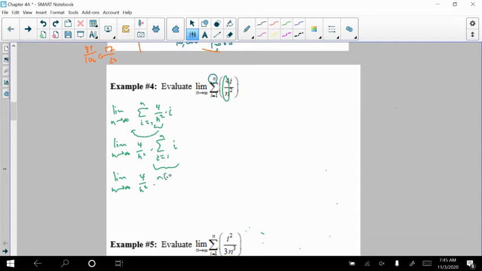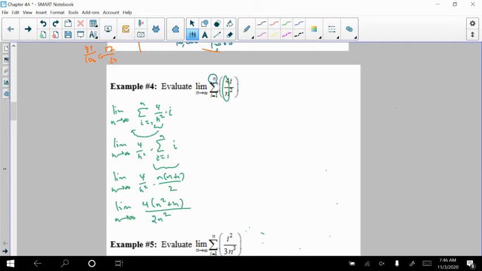That's n times n plus 1 all over 2. And if I think about what this looks like in terms of a rational function, you get 4 times n squared plus n, so n squared plus n over 2n squared.